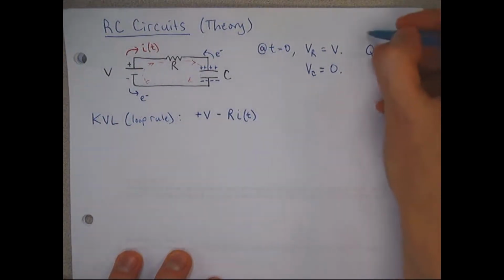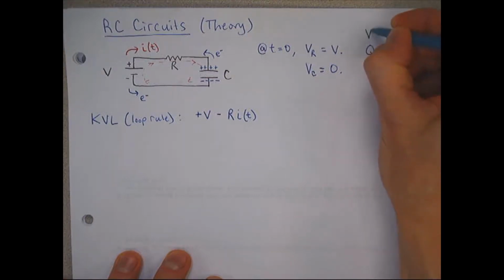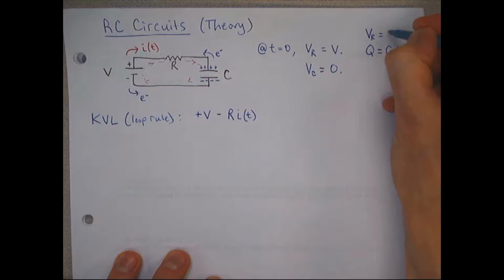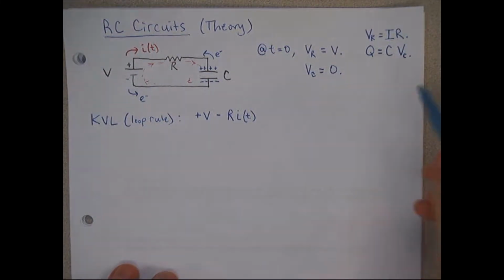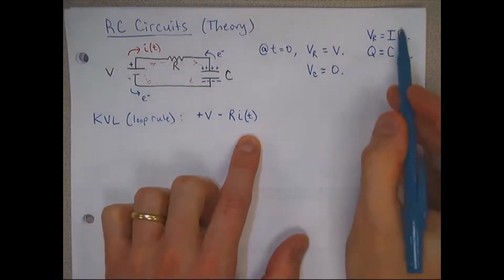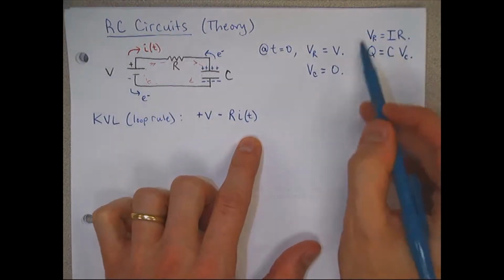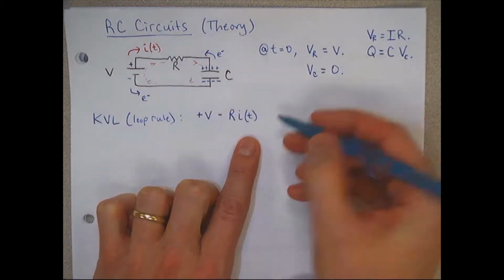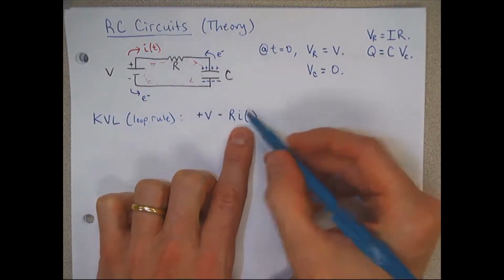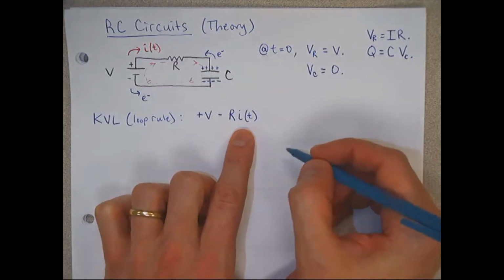We already used Ohm's law for the resistor. These are sort of the steady state rules that we've been using. Now we're going to extend those to be valid at all times during this process. So Ohm's law holds at any moment in time.